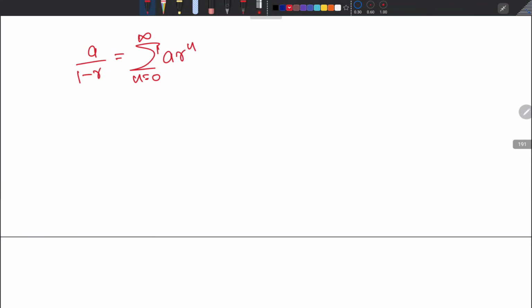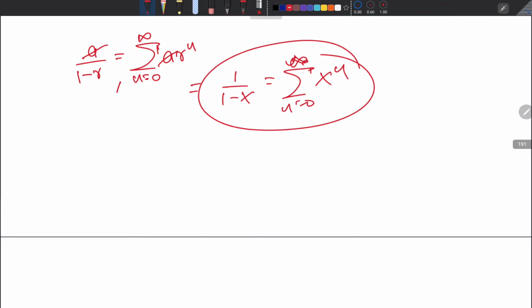So we can cancel out a on both sides, and that's how we have 1 over 1 minus x as the sum as n goes from 0 to infinity of x to the n. And we knew that the absolute value of r should be less than 1, so that's how it works.